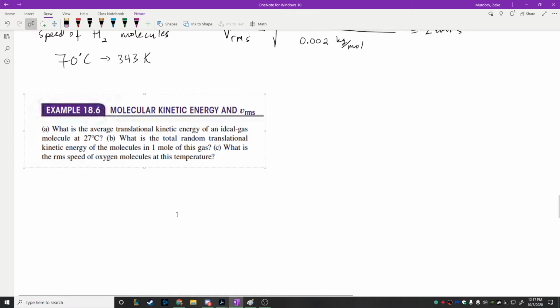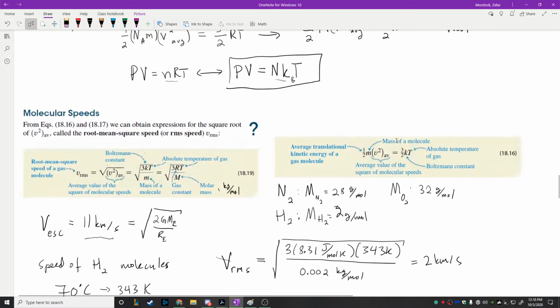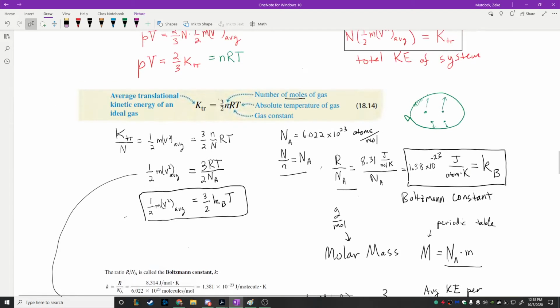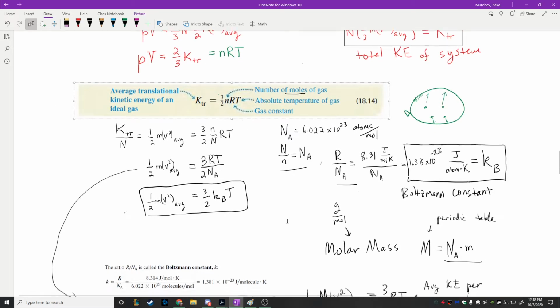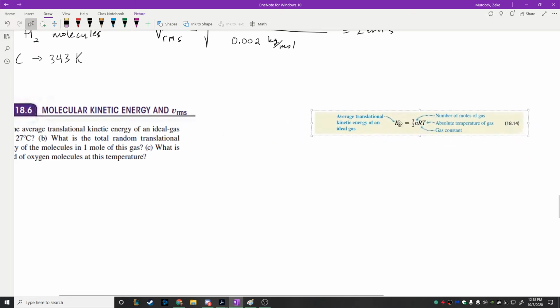So, part A. Which equation are we going to use? The average translational kinetic energy of an ideal gas molecule at 27 degrees Celsius. Which one of these equations? Are we going to use this one? Or are we going to use this one? Let's put them down here so we can see them with the problem.